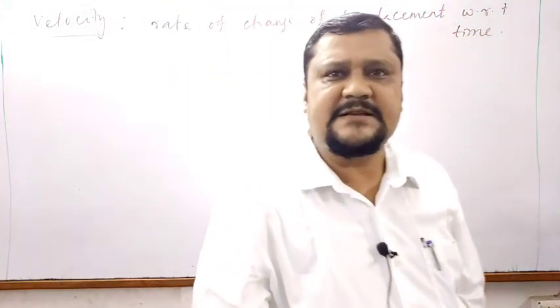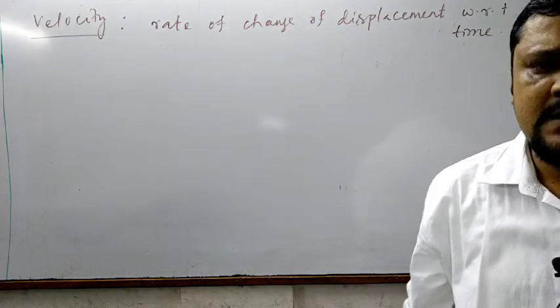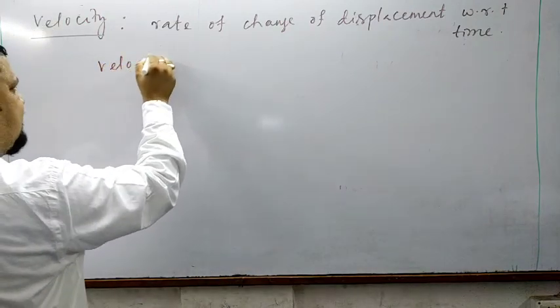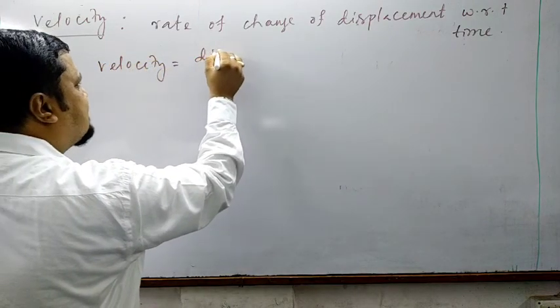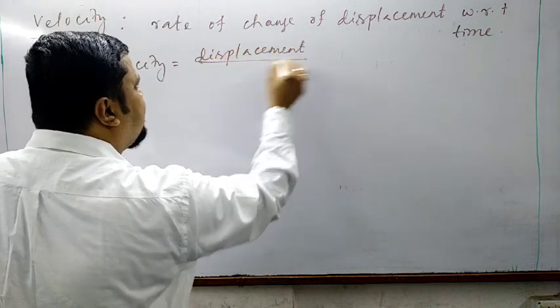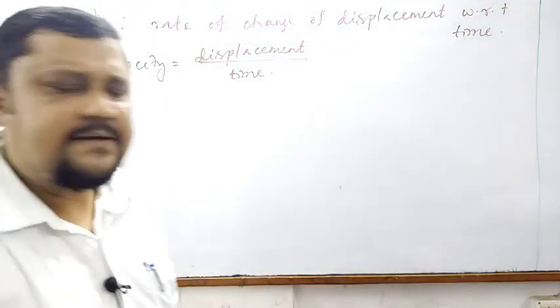The rate of change of displacement with respect to time is called the velocity. Mathematically, velocity is equal to displacement by time.